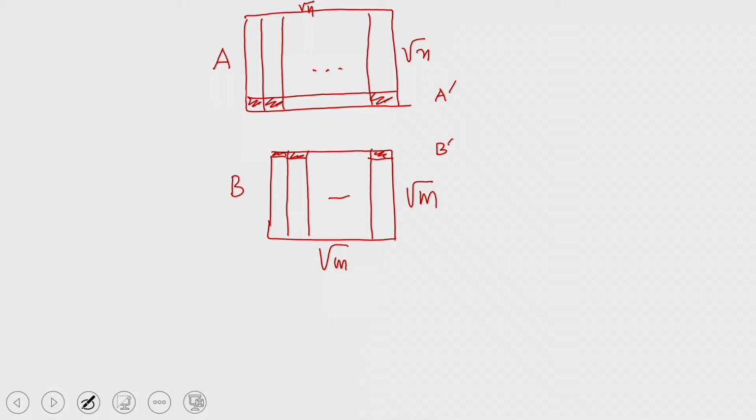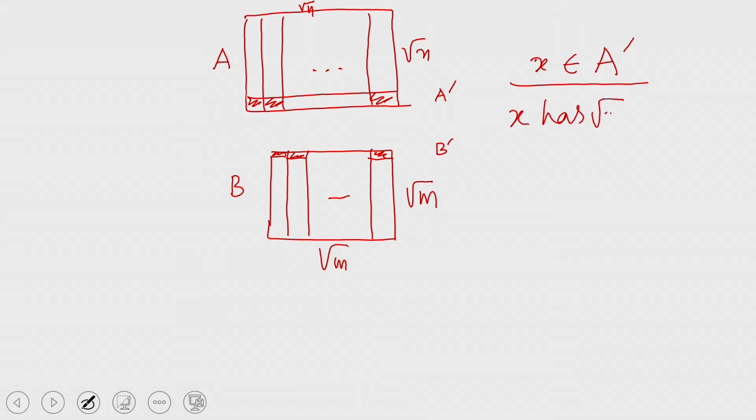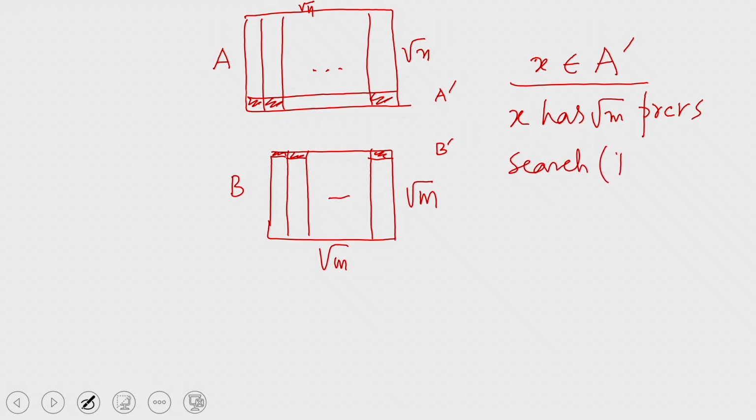Now, consider a leader on the A side. We consider x belonging to A prime. x has root m processors. With root m processors, x can search for itself within B prime.